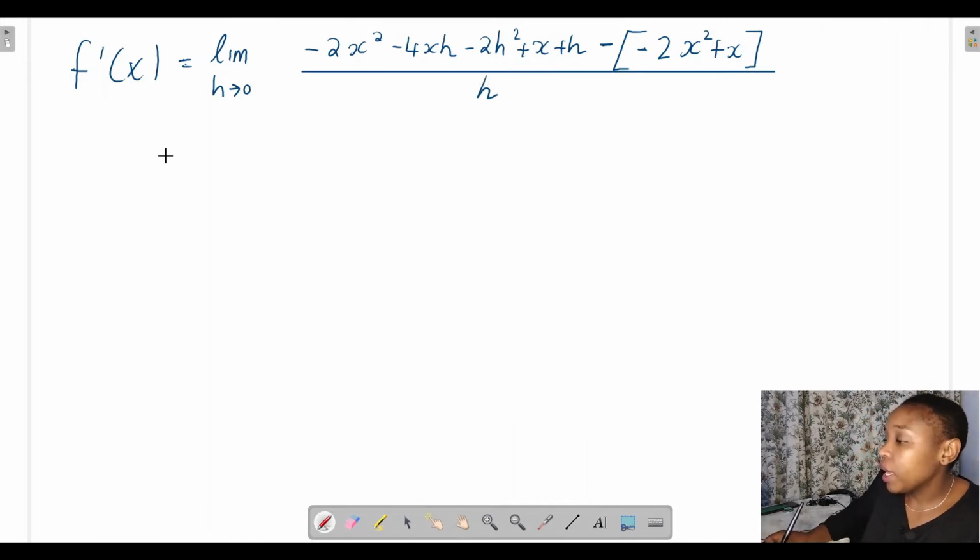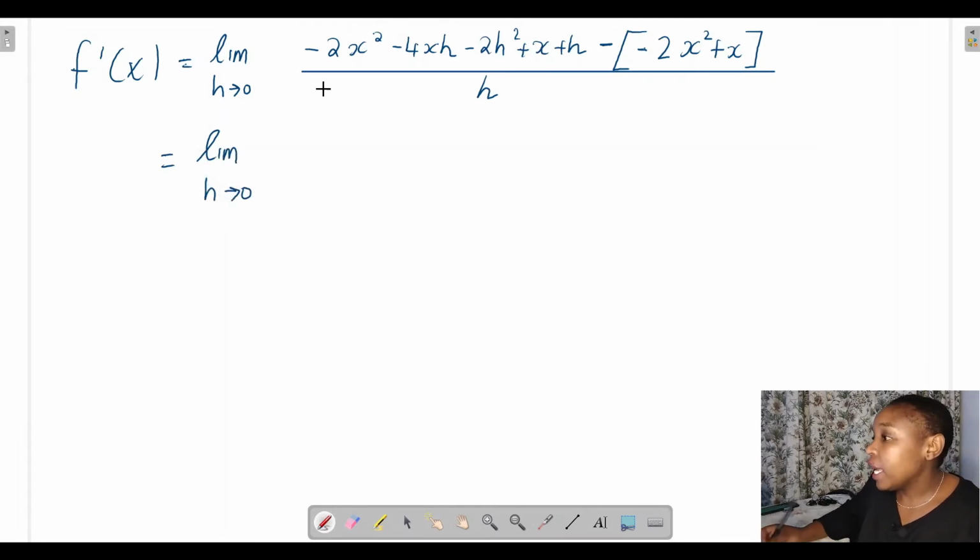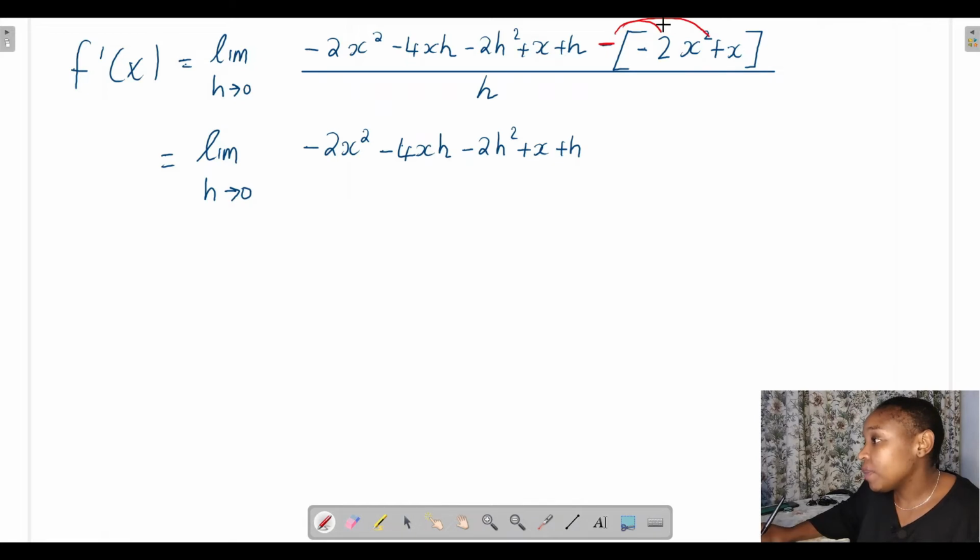Cool stuff. Okay, we're going to simplify that further. Limit as h approaches 0, right? It's going to be negative 2x squared minus 4xh minus 2h squared plus x plus h. Then, you see here, this negative, we need to multiply it in. So if you didn't put that bracket there, you're going to make a silly mistake there.